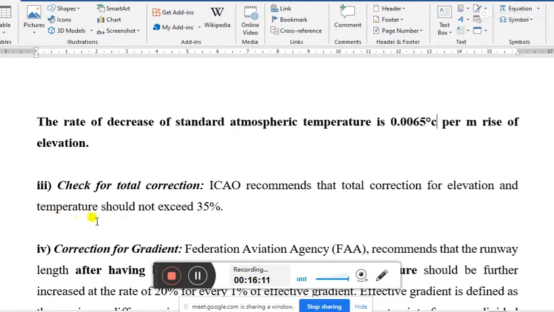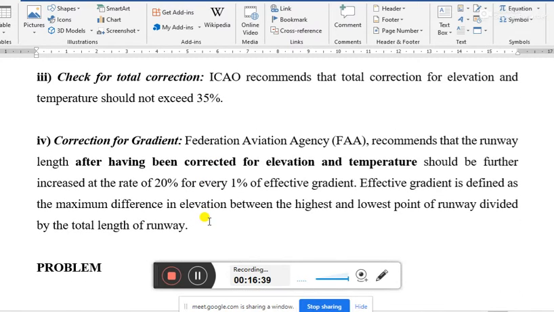But if the value is greater than 35%, then we have to stop making corrections and take the value of 35% increase of basic runway length. But if the correction is lesser than 35% on basic runway length, obviously we can go for further correction of gradient.